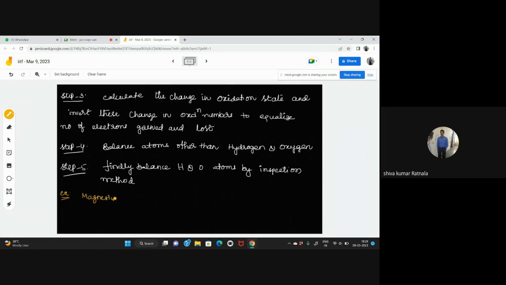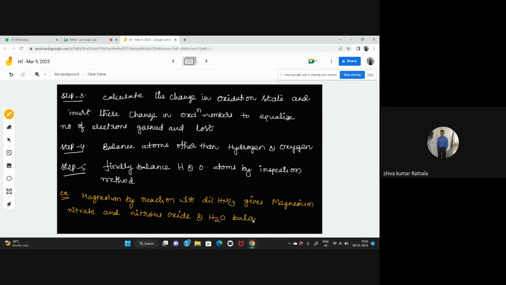Magnesium reacts with dilute HNO3, which is nitric acid, to give magnesium nitrate, nitrous oxide and H2O.